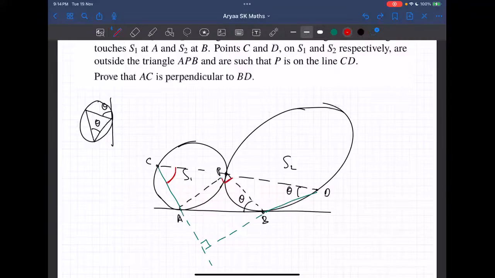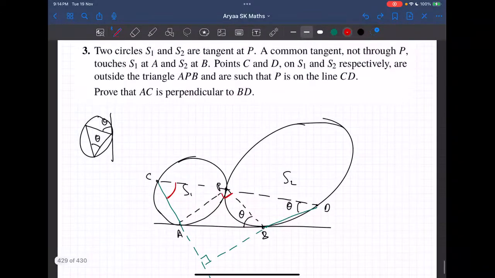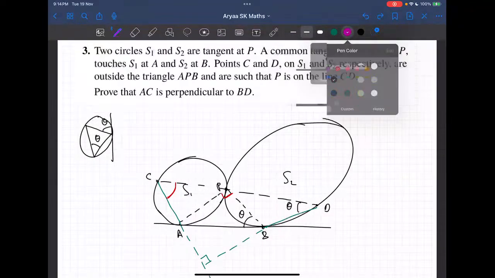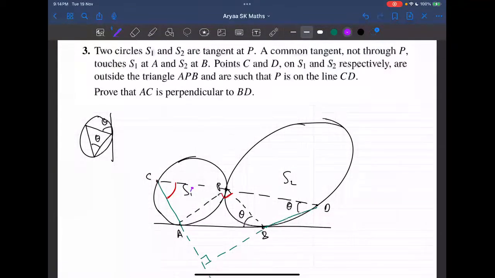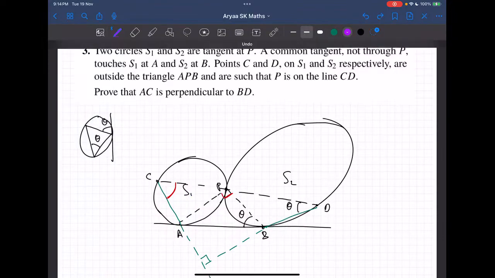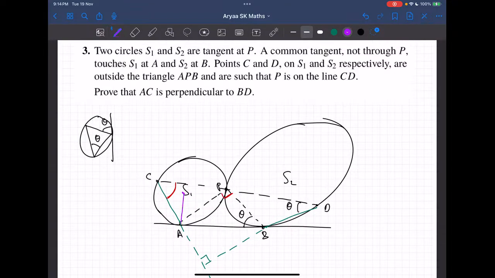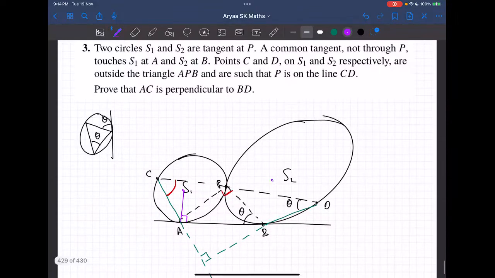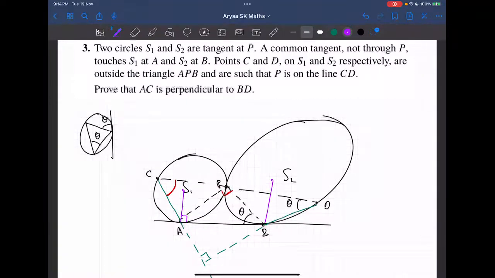Okay, we're kind of making progress. Let's use a different color now. Let's just pretend this is the radius. It's tangent at A, which means that's a right angle. Tangent at B, which means that is also a right angle. And we know this is a chord, right?